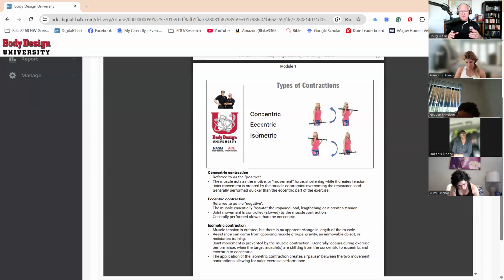Okay, the whole concept of a contraction is that the muscle is no longer at rest, it is under tension. And if you remember when we talked about the sarcomere in one of our first lessons, in understanding how we had what was known as cross bridging. You guys remember that? Right? So you had the actin and the myosin filaments, myofilaments.